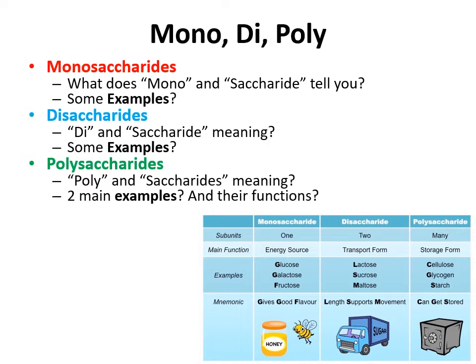Starch is the stored form of carbohydrates. You especially find that in plants, just like when we mentioned cellulose, whereas glycogen is the stored form of carbohydrates that you usually find in animals, including yourself.